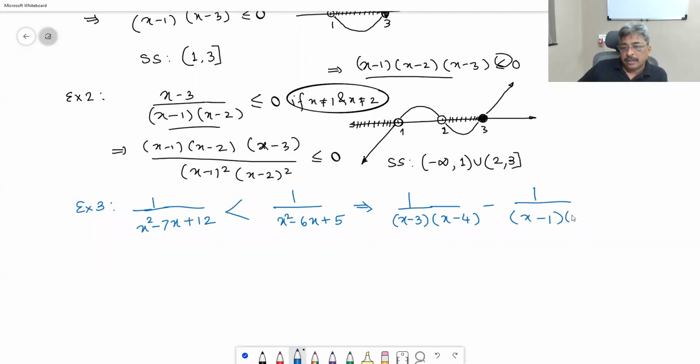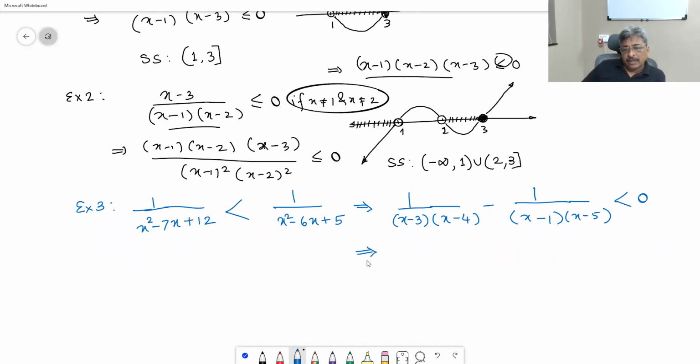This should be less than 0. This is acceptable: adding the negative of this term to both sides of the inequality will not change the inequality. The RHS will become 0, the LHS will become this. Now, this is the first step. The first level of difficulty is to bring the RHS to the LHS.